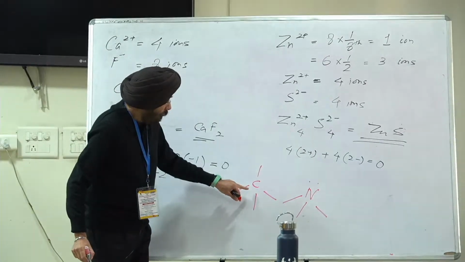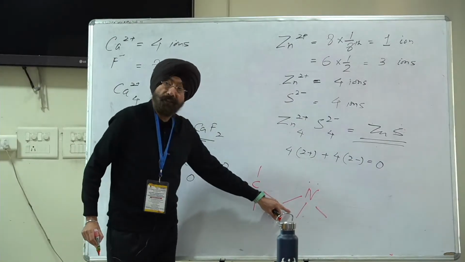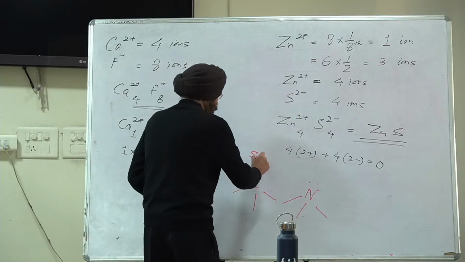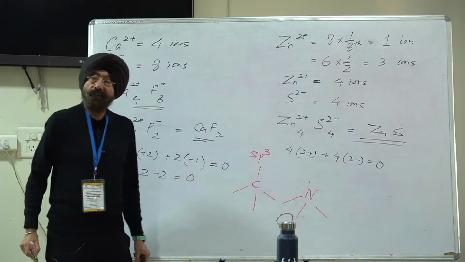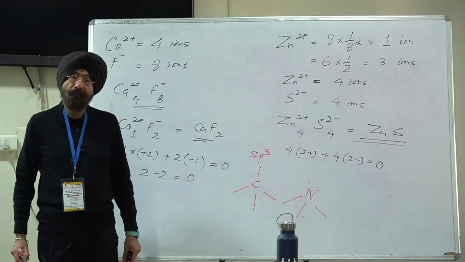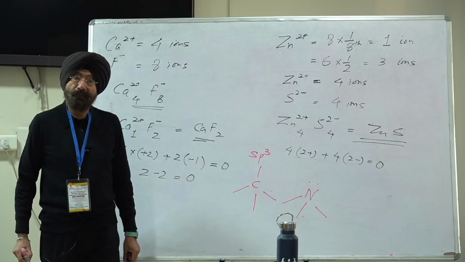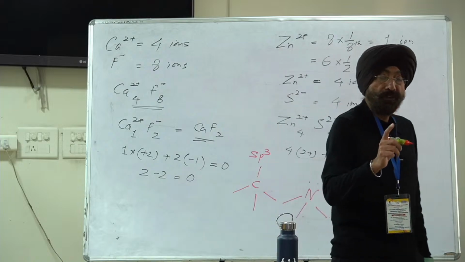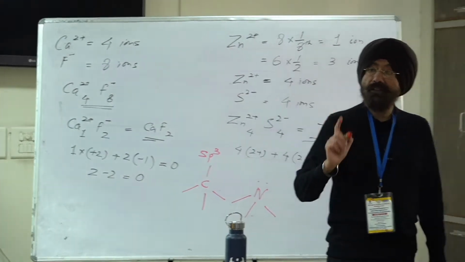Okay, this is methane, this is ammonia. What is the geometry for the methane? What is it for ammonia? No, I'm saying what is the bonding structure, the Lewis structure, for ammonia?